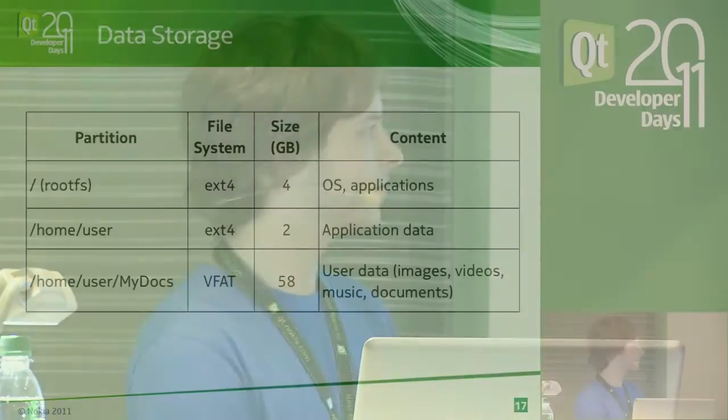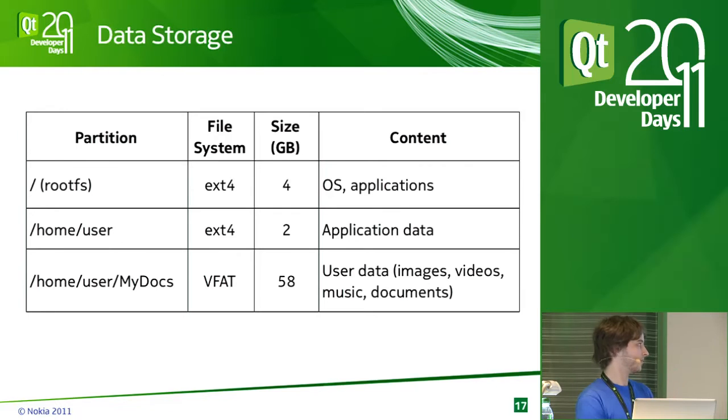And finally, the last one is the one that actually is the biggest one. So if you have a 64 gigabyte version, it will actually be 58. But if you have a 16 gigabyte version, that will be less.